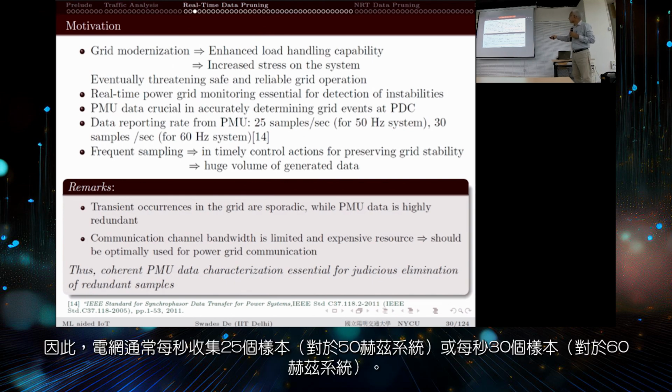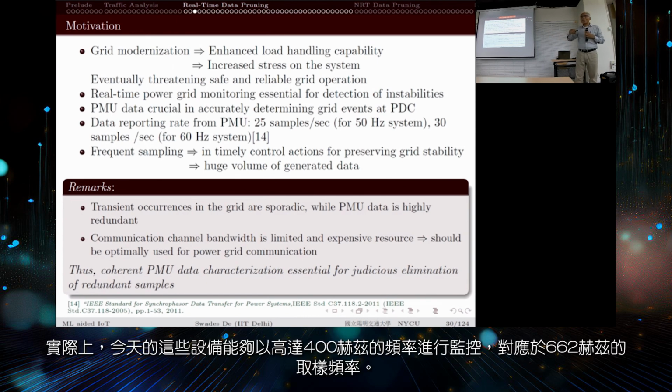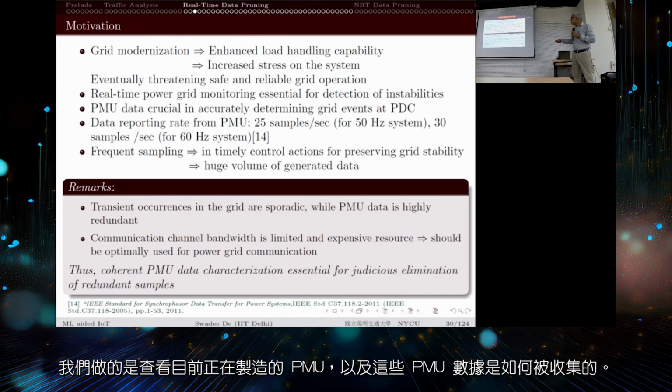These grids typically collect 25 samples per second for a 50 Hz system, or 30 samples per second for a 60 Hz system. Today's such devices are capable of monitoring at up to even 400 Hz.